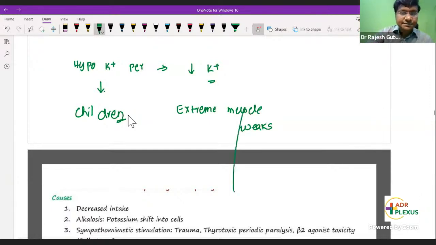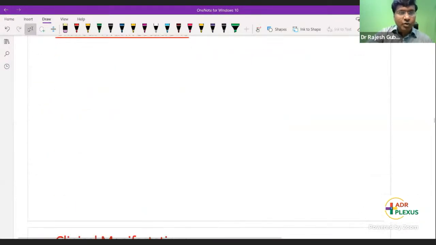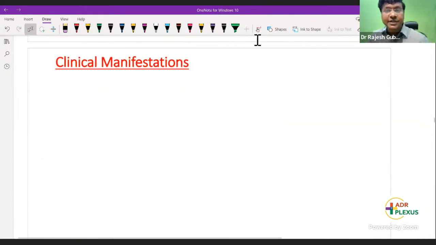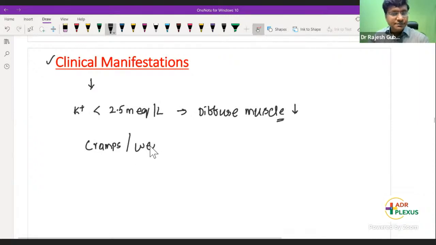Next, what will be the clinical manifestations in patients with hypokalemia? Mainly when the serum potassium levels are less than 2.5 milliequivalents per liter, that is the point when the individual will have diffuse muscle weakness, development of cramps and weakness.